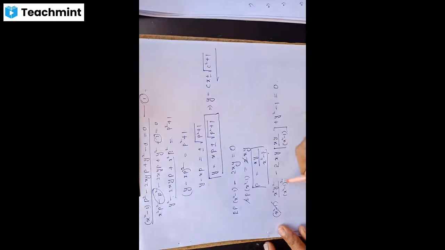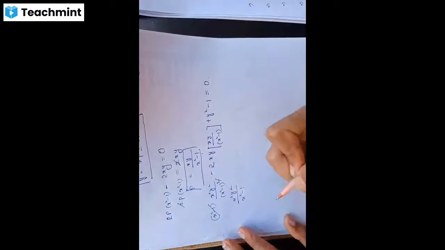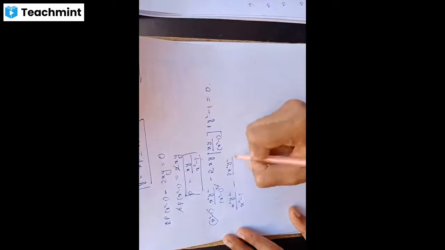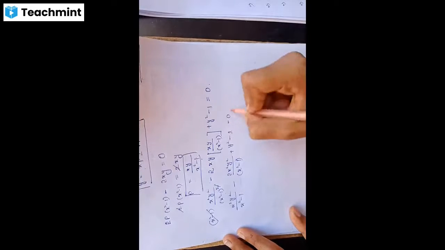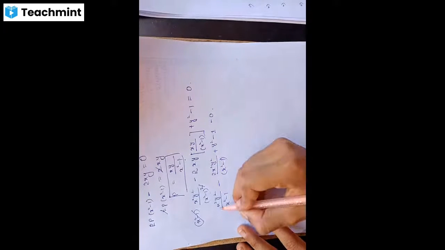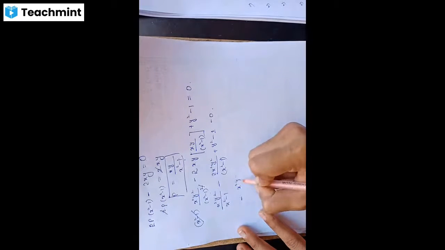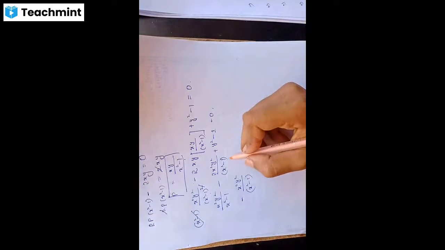So one (x² − 1) cancels here. The remaining is x²y²/(x² − 1) − 2x²y²/(x² − 1) + y² − 1 = 0. Here you can see that −2x²y² + x²y² is −x²y² divided by (x² − 1), or you can take the LCM directly also.